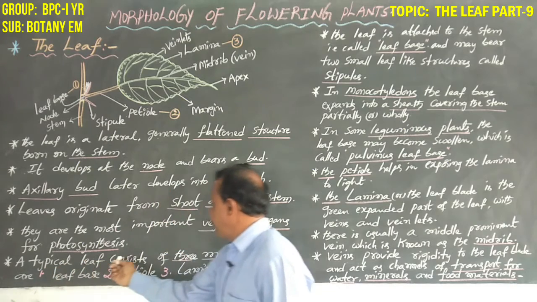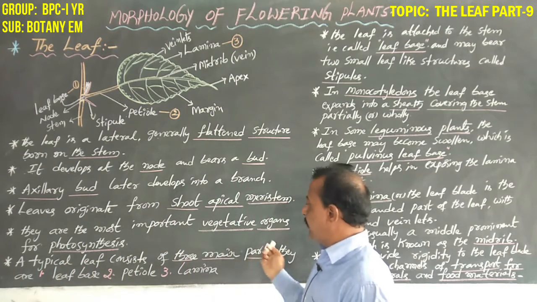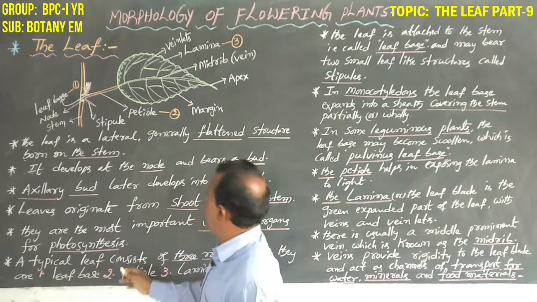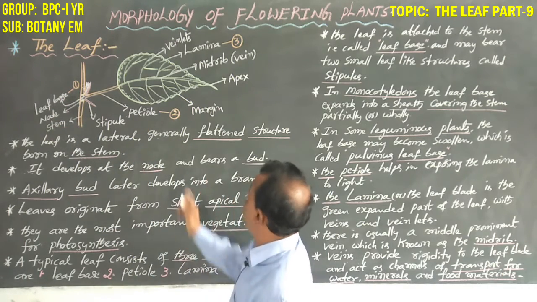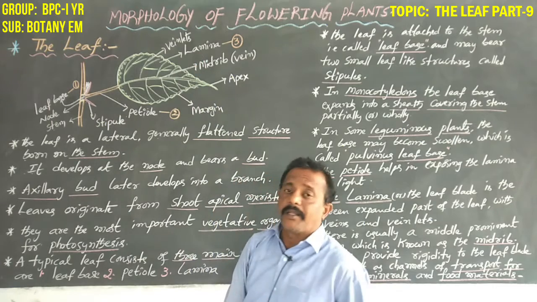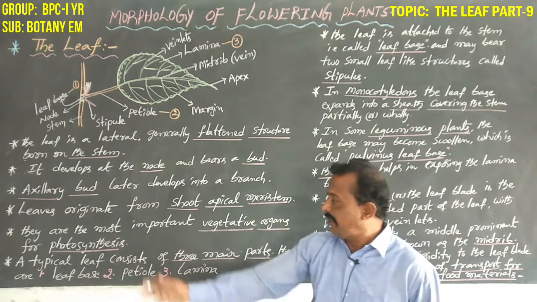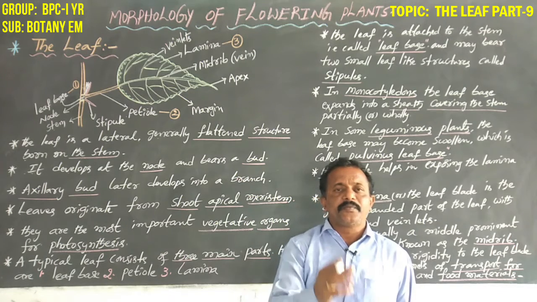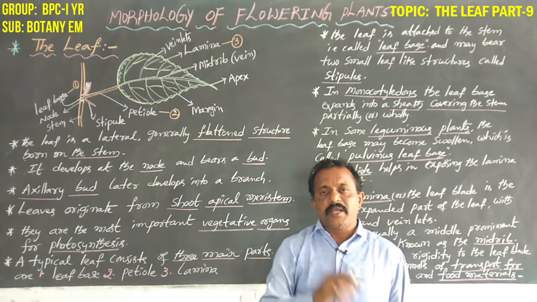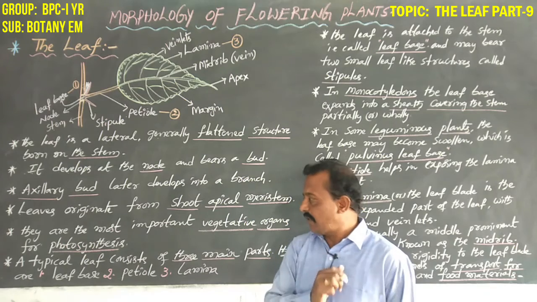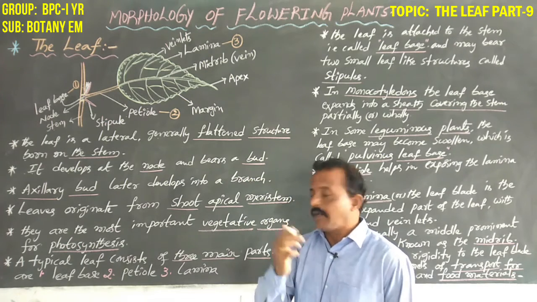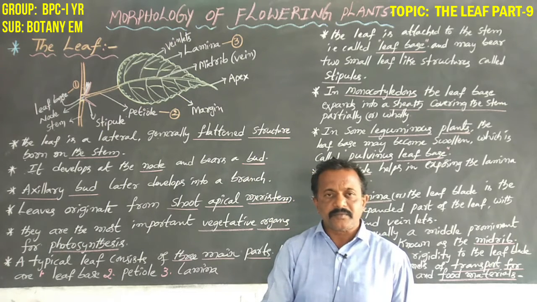Next, coming to a typical leaf. A typical leaf consists of three main parts, namely the first one leaf base, the second one petiole, and the third one lamina or leaf blade.